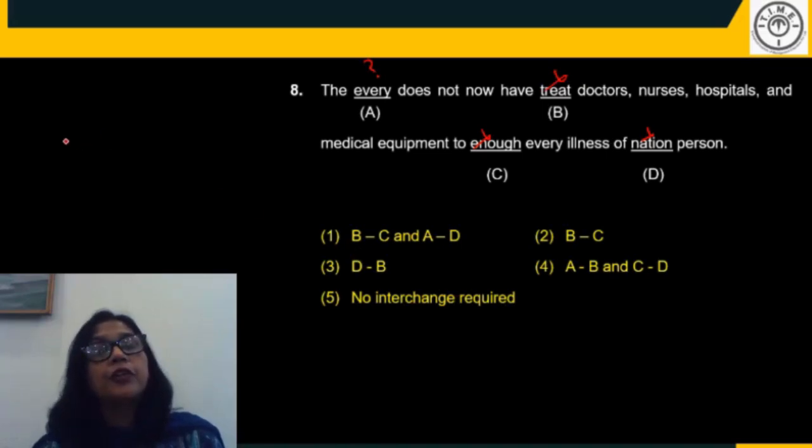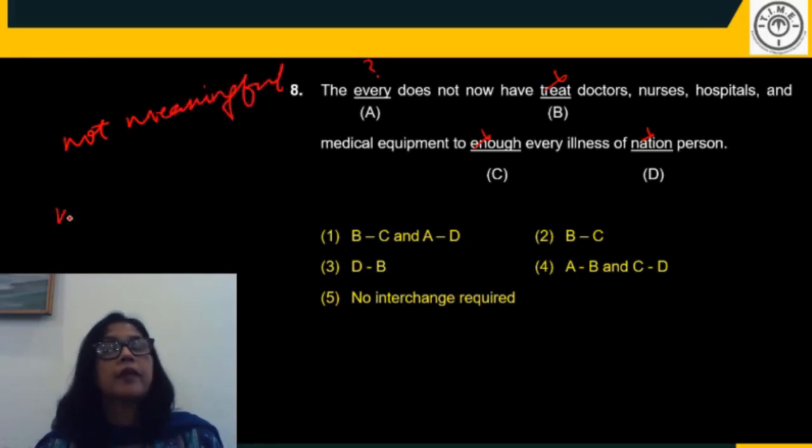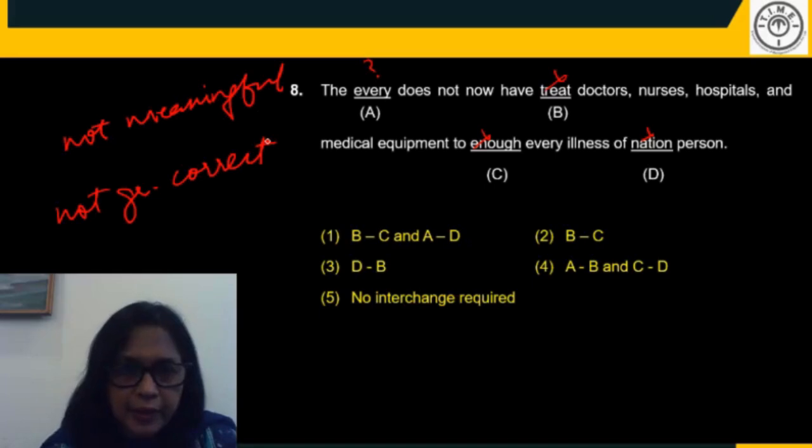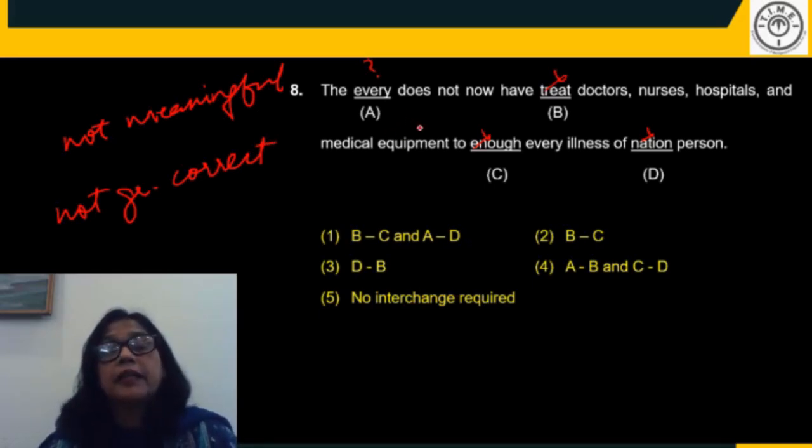So not meaningful also and not grammatically correct also. Now let us have a look at the correct sentence. The treat every now is also wrong, so it has to be the nation. Should it be nation? Yes, let's have a look.